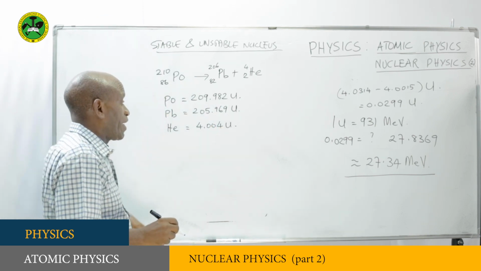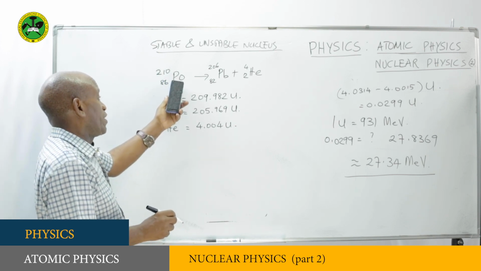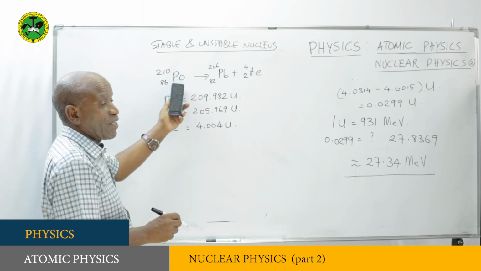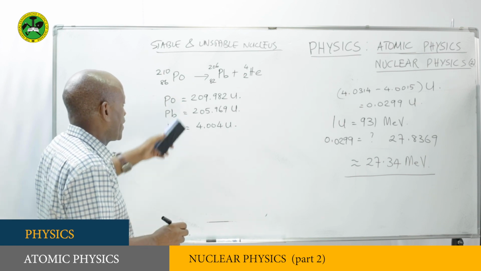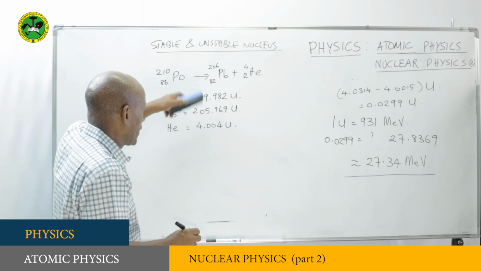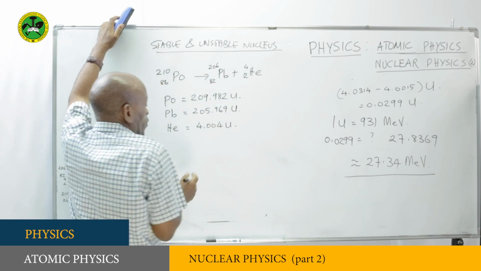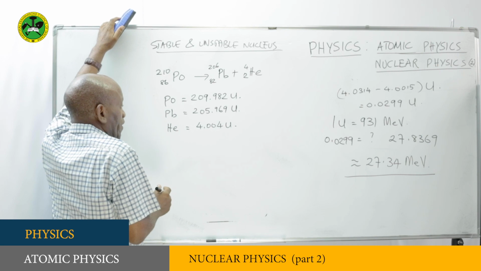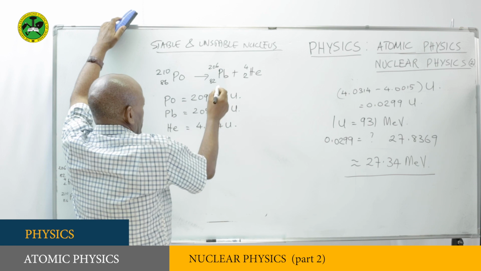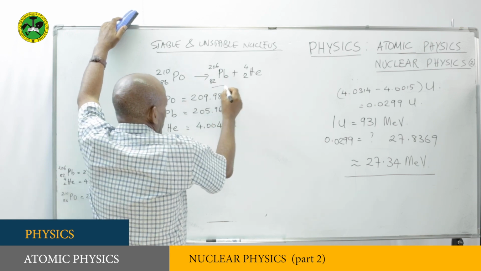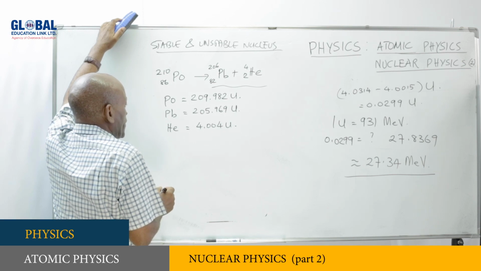Now, what we are going to do here is to see whether this polonium is a stable or unstable nucleus, by looking at the atomic mass units of the products which are going to be produced during disintegration. So let us look at this particular case. Let's look at whenever they are completely separated.